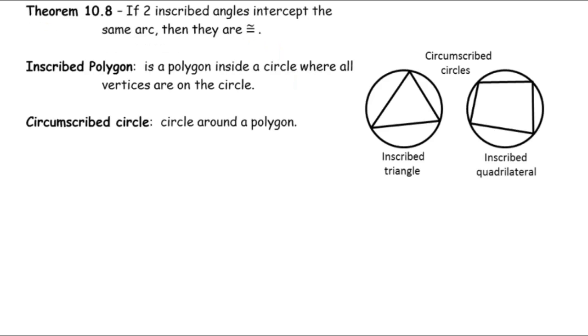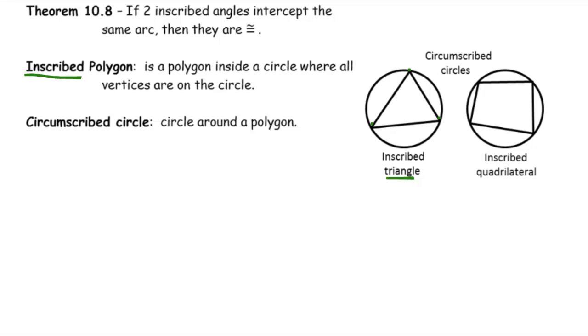Okay, next, we get some more theorems. The inscribed polygon. As well as inscribed angles, we look at an inscribed polygon, and those are going to be inside the circle. This is going to be a polygon inside a circle where all the vertices are on the circle, the vertices of the entire polygon. Each vertex is on the circle.